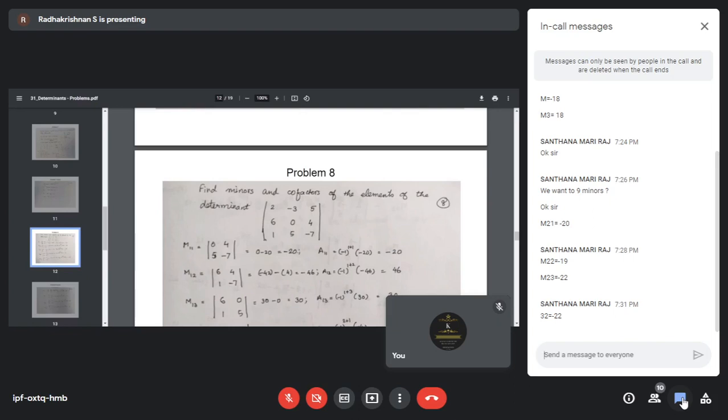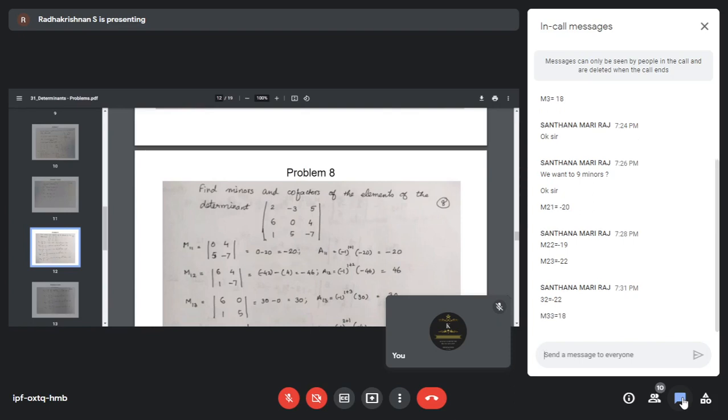Right. 1 minute. You are working on that row 3, column 2. Yeah. So we remove the row 3 and column 2. What remains is 2 4 and 6 5. 2 5s are 10, 6 4s are 24. So 8 minus 30 minus 22. Right? And 3 plus 2 is 5. So sign will change. So cofactor is +22. Correct?